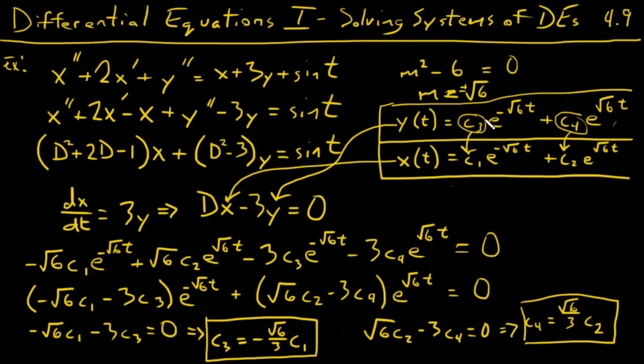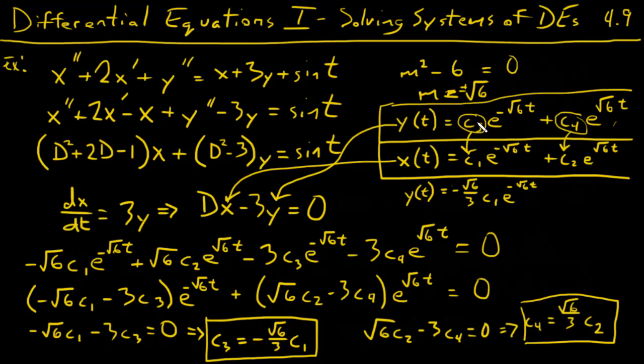So if I do that, my y of t is now going to look different. My y of t is going to be, well, C3 is negative root 6 over 3 C1 times e to the negative root 6t.